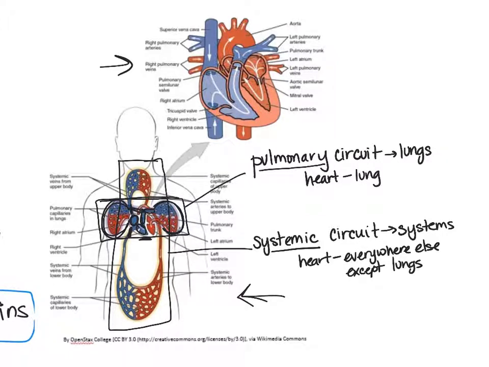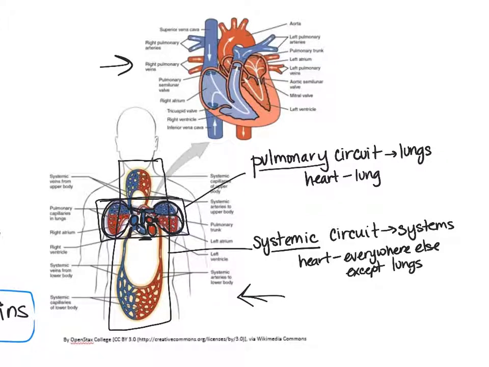And then we're going to go in the lungs, and you can see here that it changes from blue, from our deoxygenated blood, into our oxygenated blood, because as we're in the lungs, we're picking up oxygen. So our oxygenated blood is then going to go from the lungs through, right here, our pulmonary veins. Pulmonary veins going into our left atrium, then going from our left atrium down into our left ventricle.